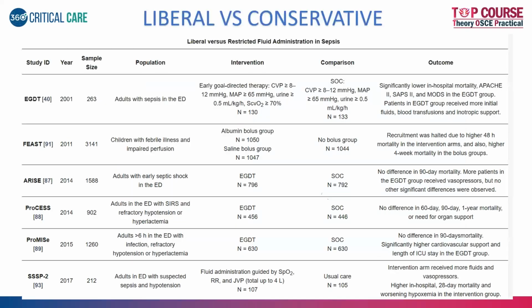So now we have come to an understanding of the ROSE concept in fluid therapy. Then the last thing is liberal versus conservative fluids. With ROSE, we were talking about early liberal or early adequate fluid management followed by late conservative fluid management. Has there been any major mortality benefit between the two? Unlikely.